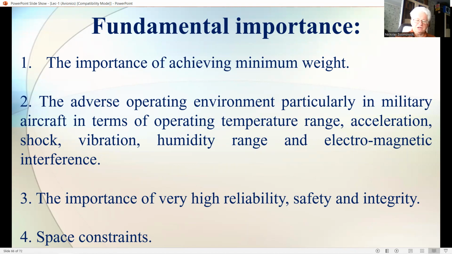The effects on the design of avionic equipment to meet these requirements can result in the equipment costing up to 10 times as much as equivalent ground-based electronic equipment.